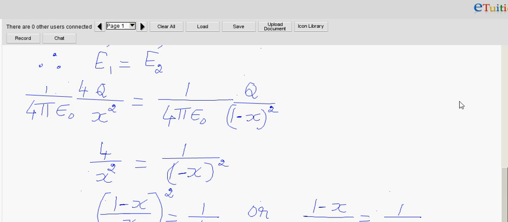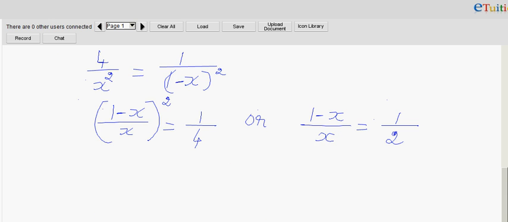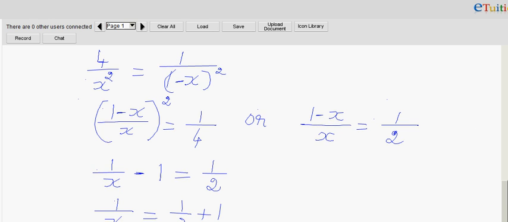Simplify this equation. 1 by x minus 1 equal to half, or 1 by x is equal to half plus 1. Half plus 1 is nothing but 3 by 2. 1 by x is 3 by 2, so x is 2 by 3 meter.